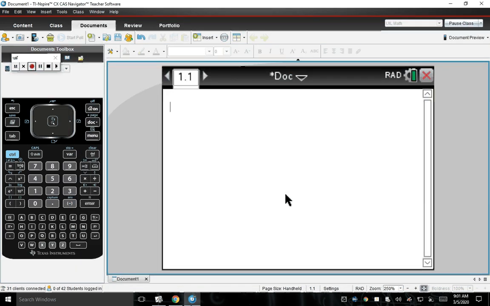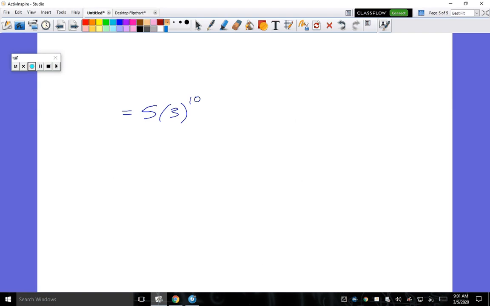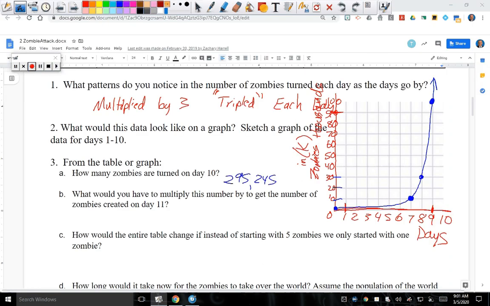So it was 5 times 3 raised to the 10th power, and sure enough, 295,245 is what it gave us. Yes, that is correct.